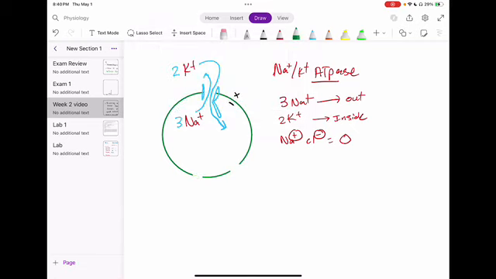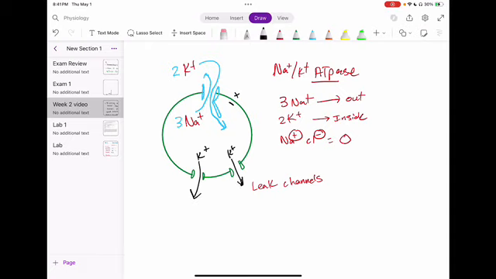But there are other things that affect it, like these. These are called leak channels, and they can be found throughout the body. Some have a lot more leak channels than others. Sodium does have some, but more than anything, potassium uses these.